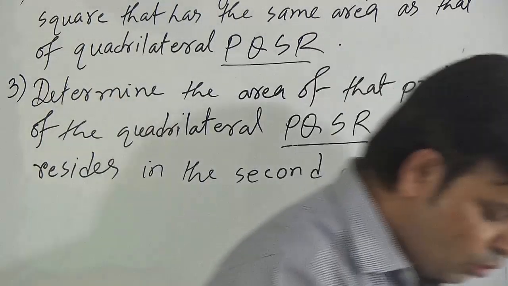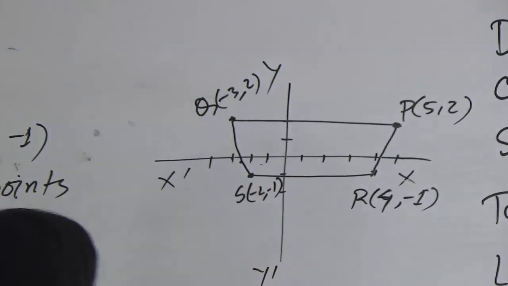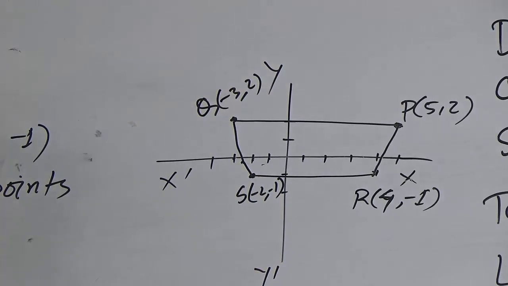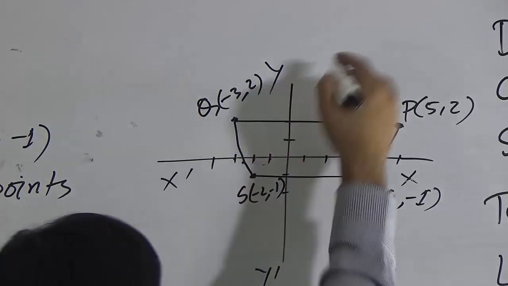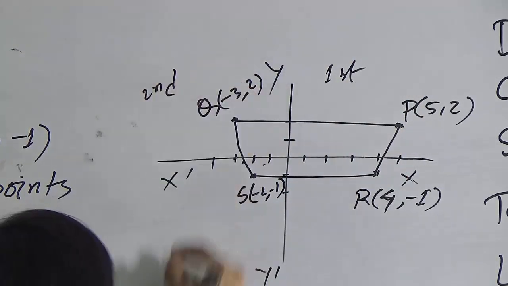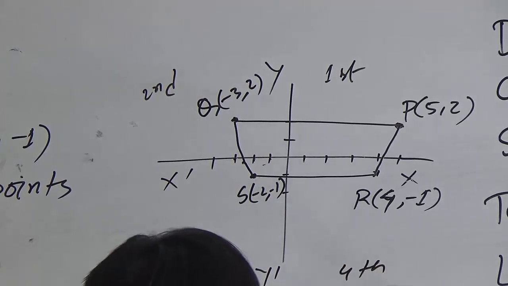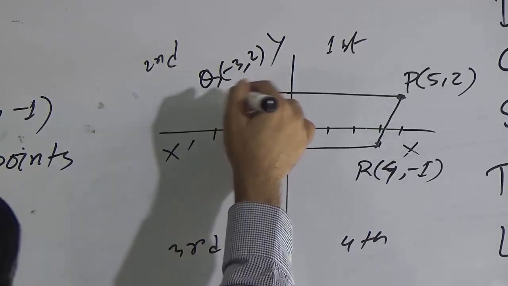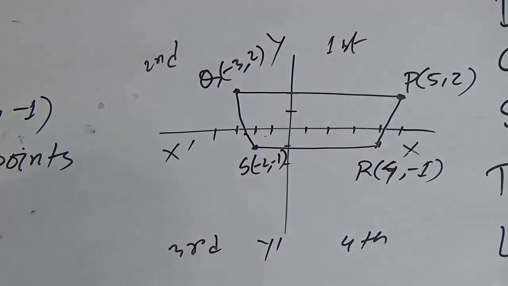Dear students, so look at the figure here. This portion of the quadrilateral is in the second quadrant. This is the first quadrant, second quadrant, third quadrant, fourth quadrant. So in the second quadrant, if you notice, you will see this information here.